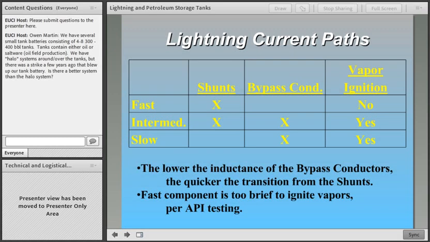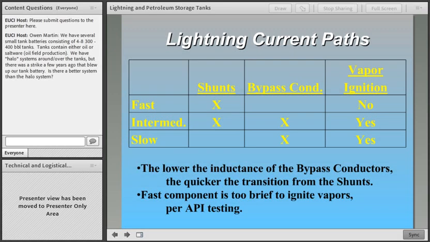For example, the fast component typically travels through the shunts. The slow component will travel through the bypass conductors. For the fast component, the bypass conductors have too high of impedance to react in time to carry it, and therefore the fast component is forced through the shunts.